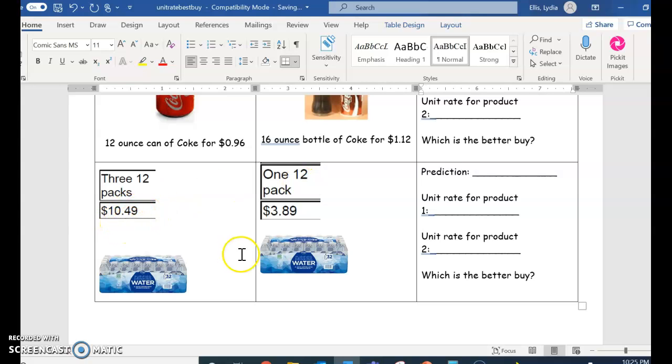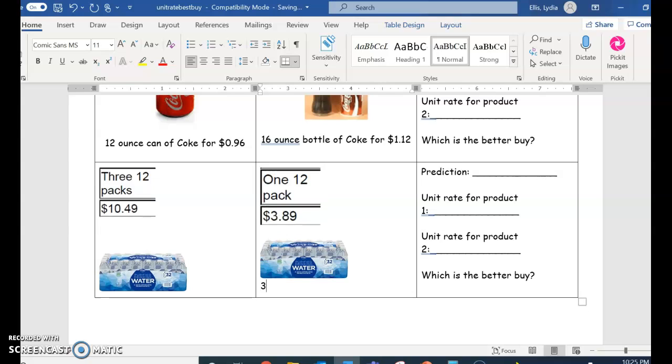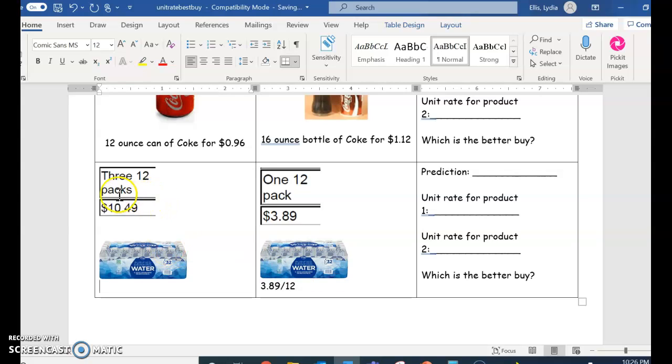Over here, let me type that division problem in there so there's no question. So this is just $3.89 divided by 12. But over here, it says 3 packs of 12.